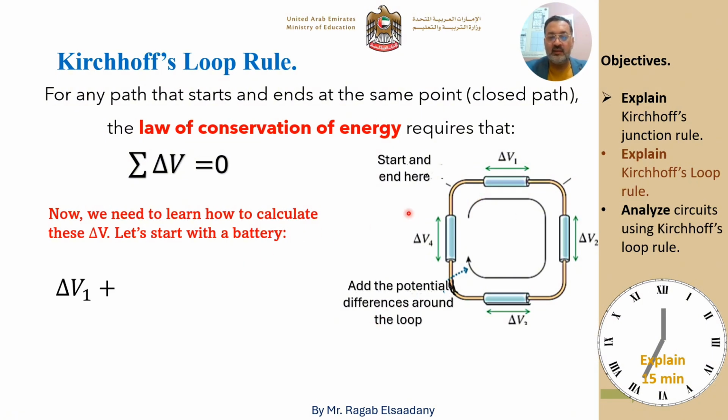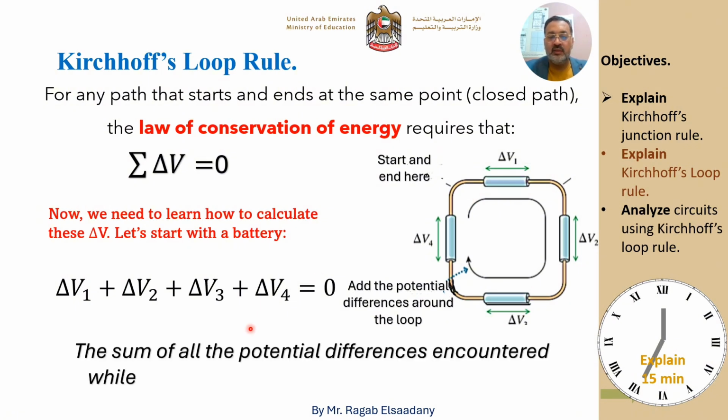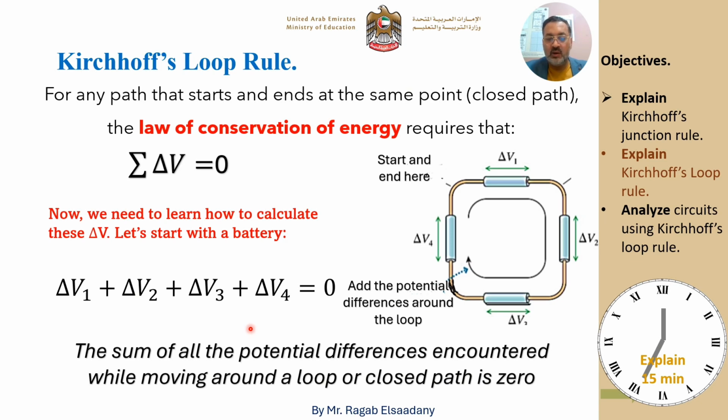We will find that delta V1 plus delta V2 plus delta V3 plus delta V4 equals 0. And this is a closed loop. So the sum of all the potential differences encountered while moving around a loop or a closed path is 0.